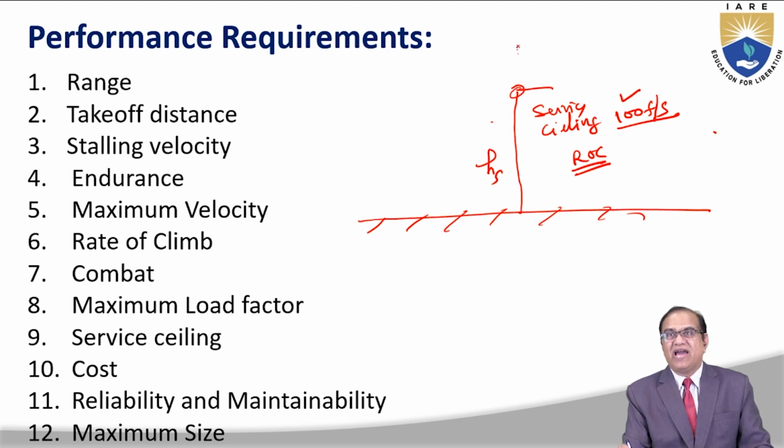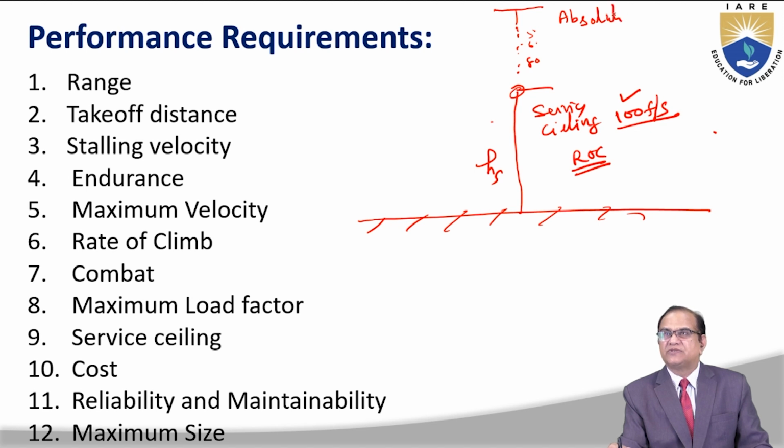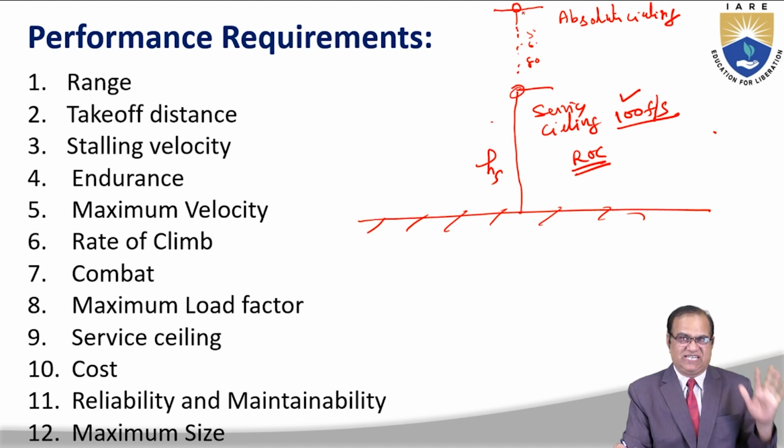The rate of climb, as you go up and up, will be reducing. After some time, it may be 80, then 60, then 50, and you will reach some height called the absolute ceiling. This is the height, absolute ceiling. Beyond this, aircraft will not go even 1 meter above this height.